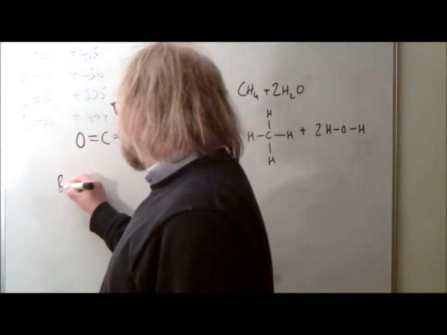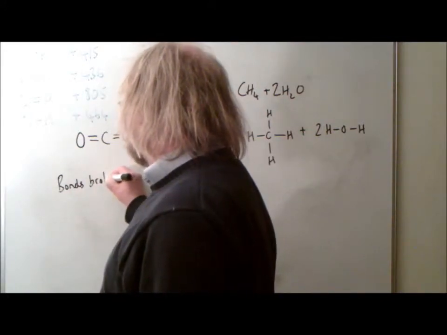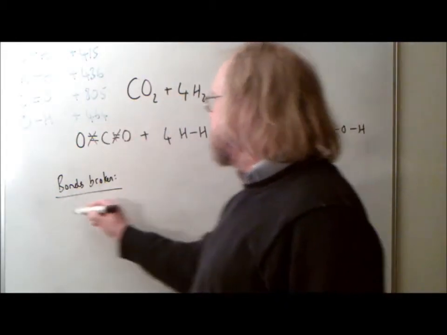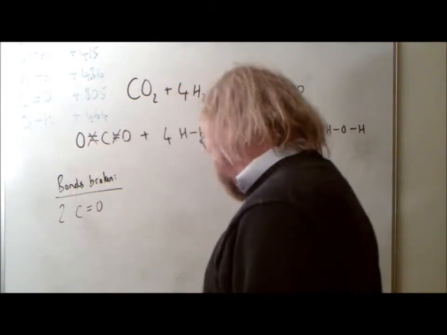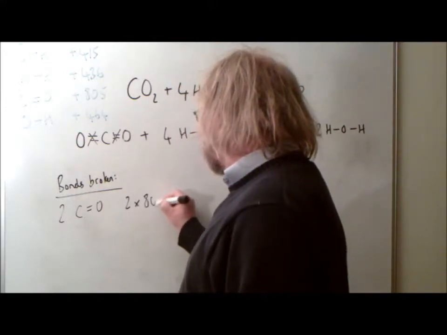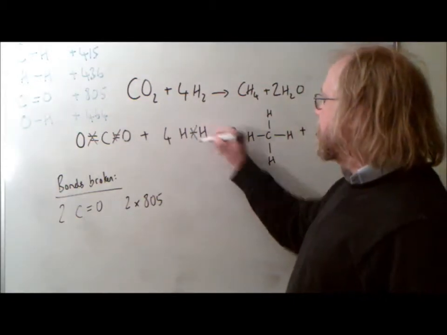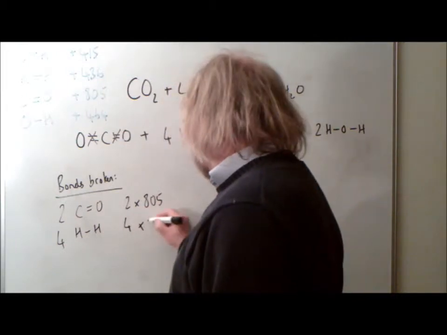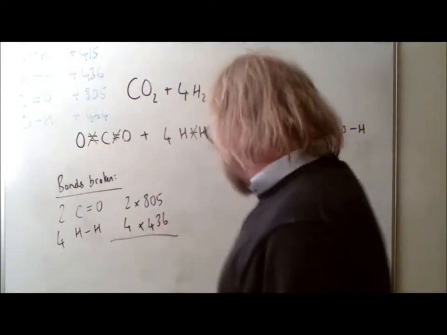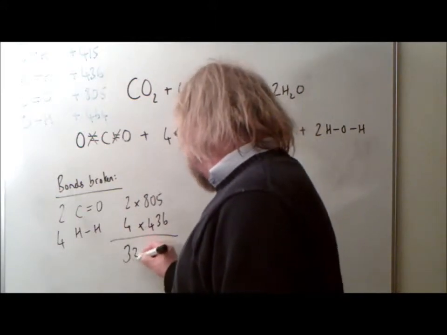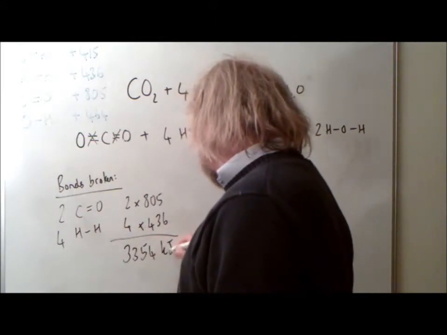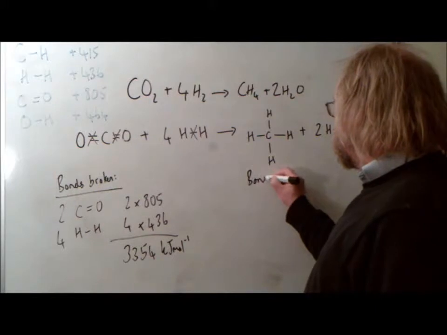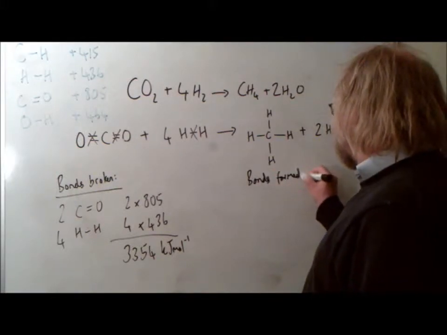Okay, so we get the bonds broken first of all, and you can see that we have 2 C double bond O's, and that will be 2 times 805, and we have 4 H single bond H's, which is 4 lots of 436, and if you add that lot up on your calculator, you should get 3354 kilojoules per mole. And then we do the same for the bonds formed, which are the ones in the product on the right hand side.